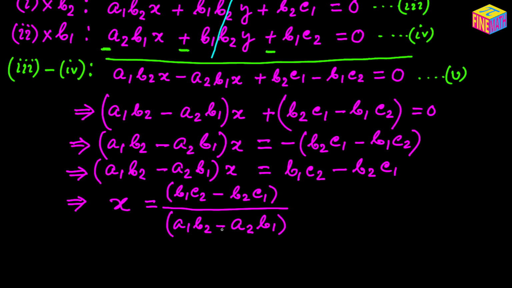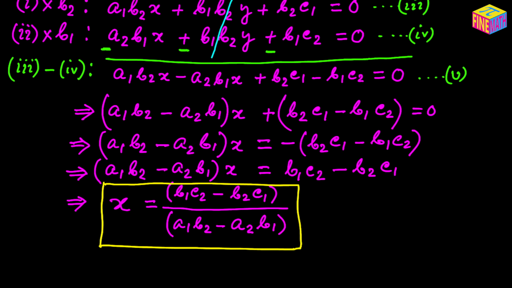So now this is the value of x in terms of the coefficients. You see there is no y or anything on the right hand side of the value of x that we just calculated. Now I'm going to highlight that this is the value of x.